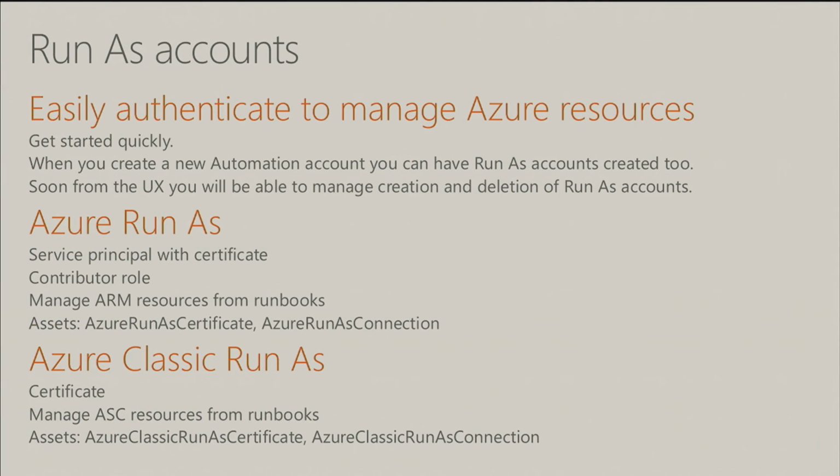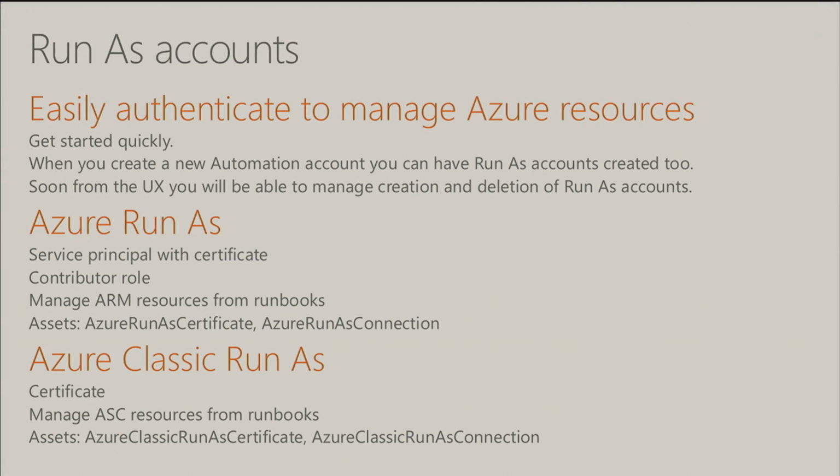One of the nice features that we created this past year was something called the Run As accounts. One of the issues that people were having early on with the service was getting the authentication into Azure. There were some difficulties in setting that up and making it work in a way that didn't take a lot of effort and didn't give you a lot of problems. So we've done this work on something called a Run As account, where when you spin up an automation account, we will create this for you.